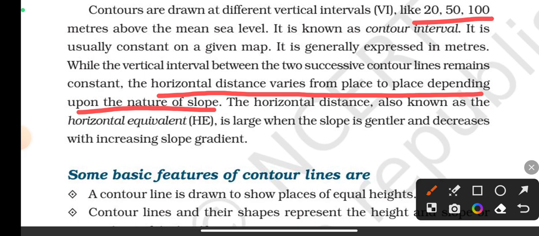So the horizontal distance varies. Now the horizontal distance, also known as the horizontal equivalent, is large when the slope is gentler and decreases with increasing slope gradient. So that means horizontal equivalent or horizontal distance decreases with increasing slope gradient.